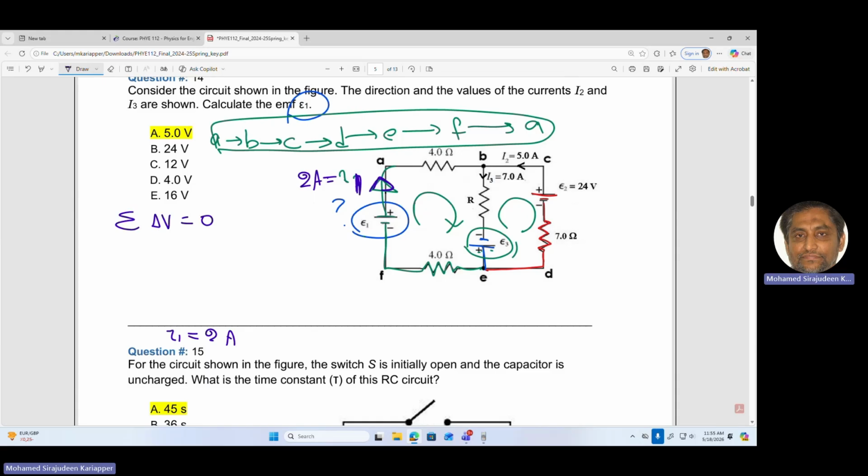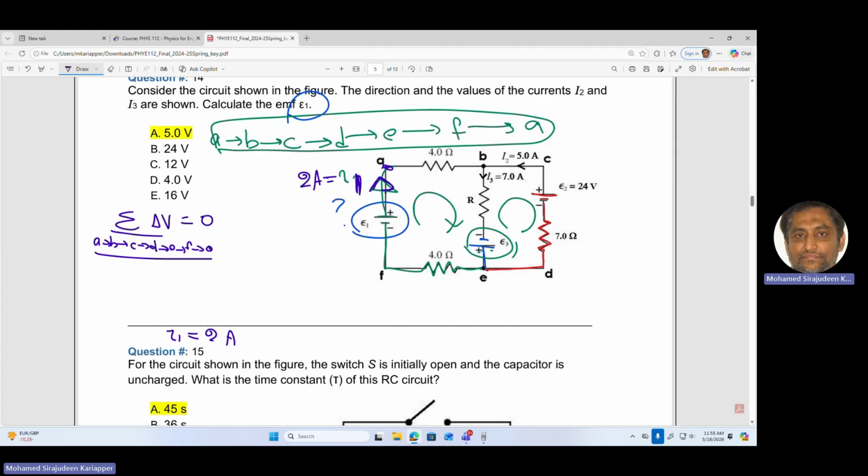This is the loop rule. What is your loop? You go from A to B to C to D to E to F and back to A, the outer loop. I'm going to take the outer loop. Let me start from A.